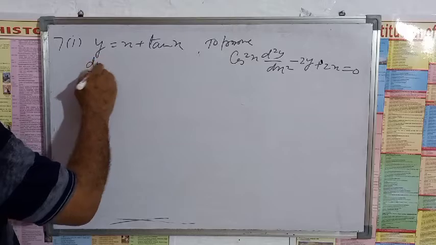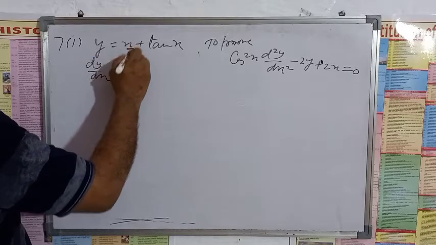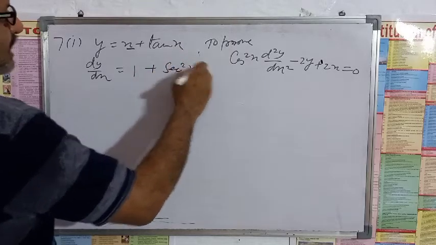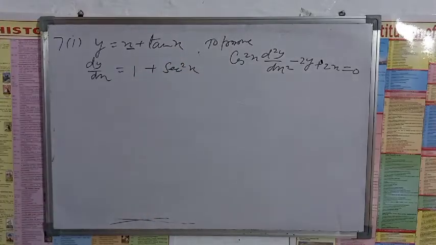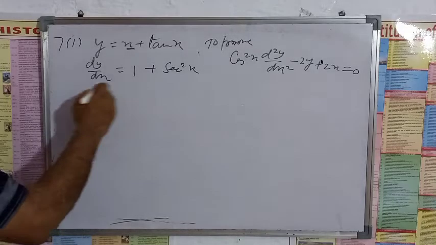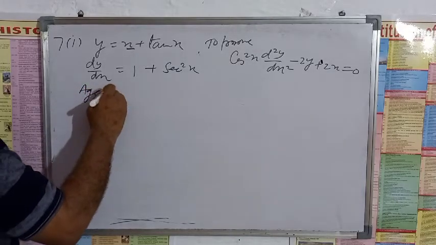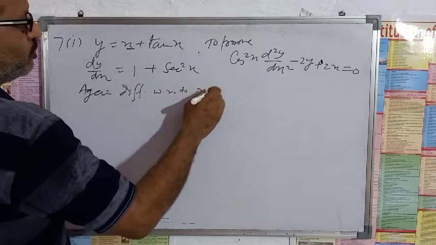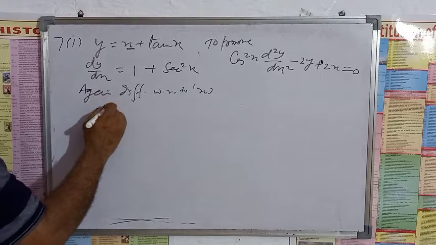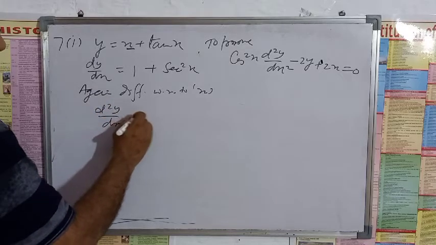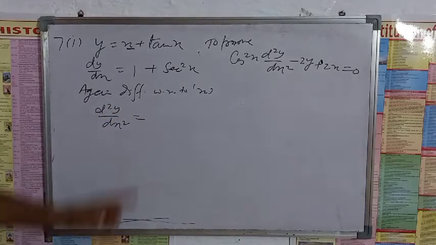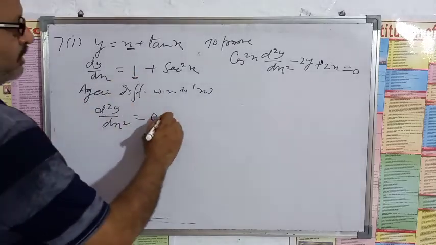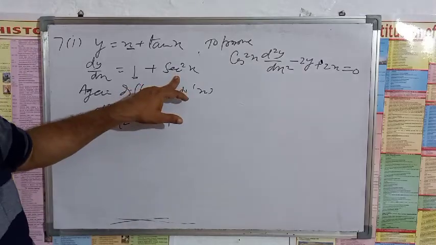Differentiate it. dy by dx: what is derivative of x? 1. Tan x derivative is sec square x. Again differentiate with respect to x. So left side it will be d2y by dx square. Right side 1 is constant, derivative is 0, plus sec square x derivative.